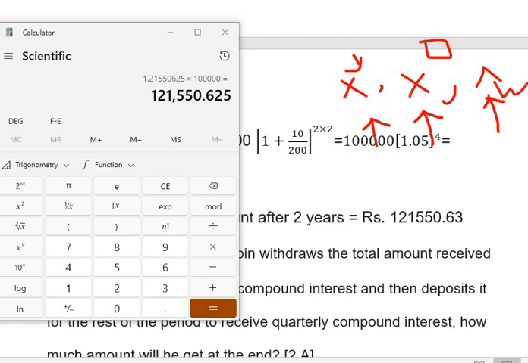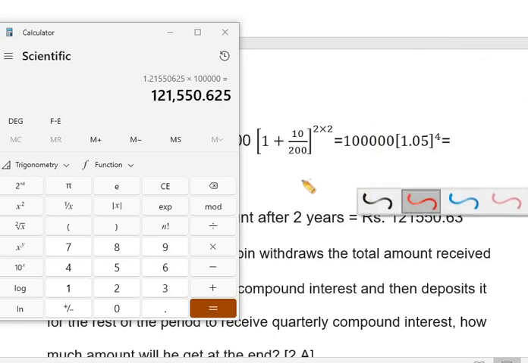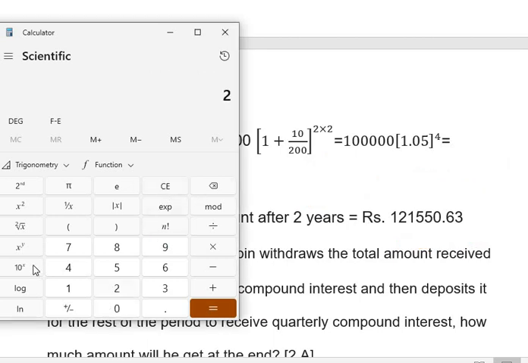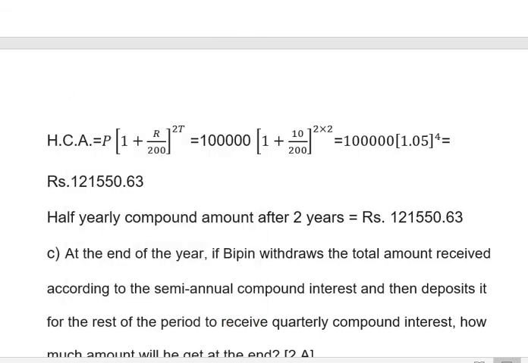It means if you calculate 2 power 4, it means 2 times 2 times 2 times 2. It is very long; it will be 16. Now use the calculator for this: 2, now press x power y and 4 and press equal to, it is also 16.